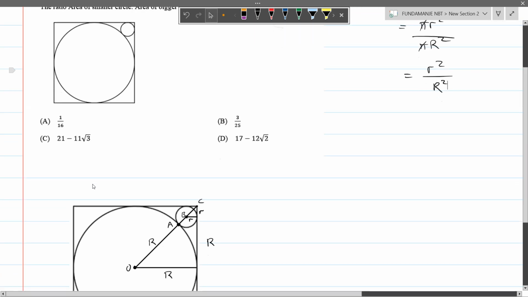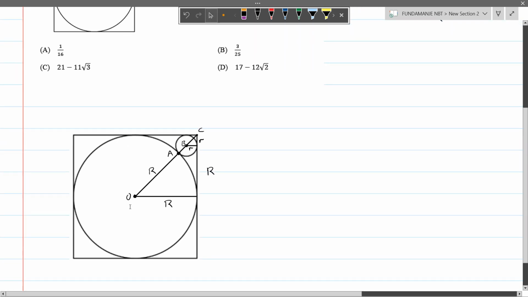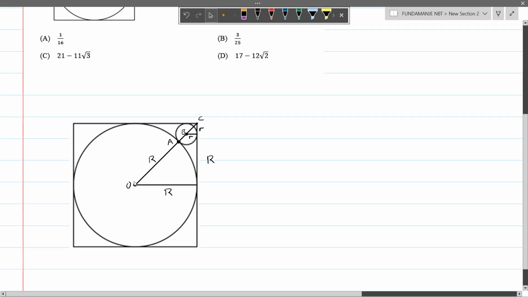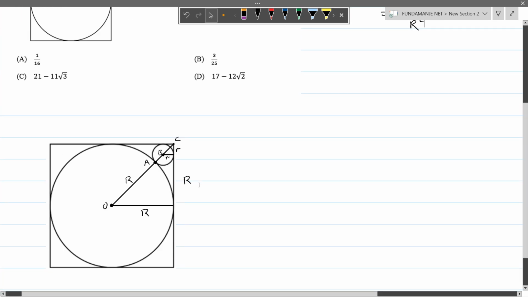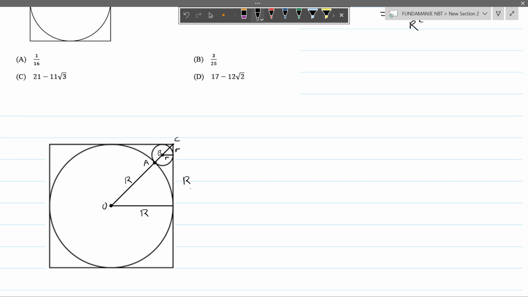Then if we go back to our drawing, I managed to fill in some of the other details that I needed. So here we have our radius for the bigger circle, and there we also have the radius for the smaller circle, and I included it on both sides. So letting the radii of the larger and the smaller circle be R and r respectively, we then also have this assertion that we can make.